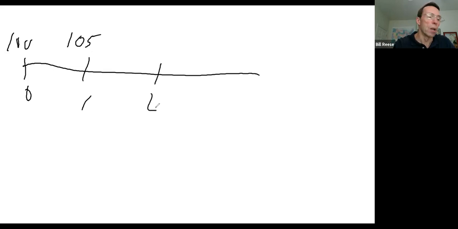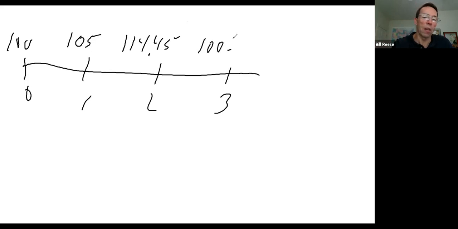During the second year, that money goes up by 9%, so 105 times 1.09 gives us $114.45. That's how much money you have at the end of the second year. At the end of the third year, we're going to have $100.72. Why? Because $114.45 lost 12%, so it's like multiplying it by 0.88.